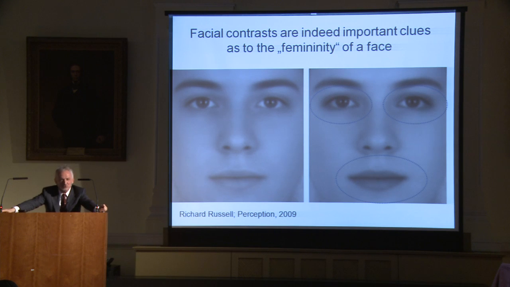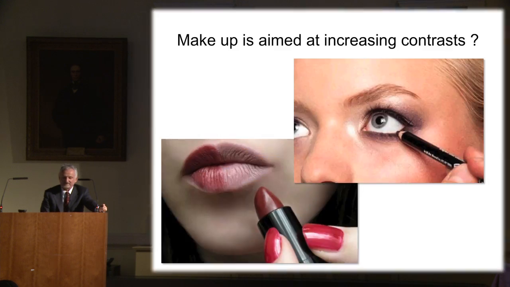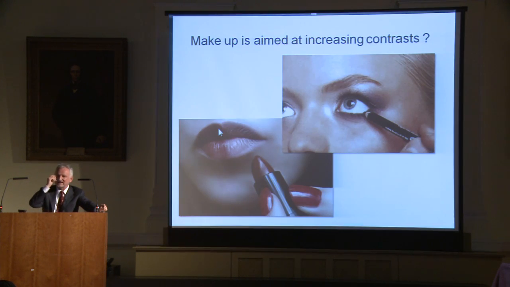So the cues we are getting with regard to femininity are really cues of not only colors, but the differences of colors, the differences of tones, and the contrasts which we have in our face. So there is a reason to do makeup, because it's really increasing the contrasts of lips and eyes with regard to the surrounding skin.